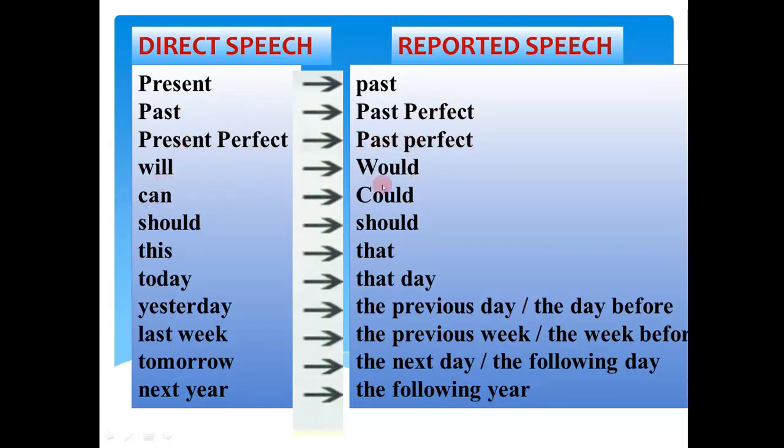Will becomes would; can, could; should, the same. This becomes that. Time expressions: here, there; today, that day; yesterday, the previous day or the day before; last week, the previous week or the week before; tomorrow, the next day or the following day; next year, the following year. Okay.